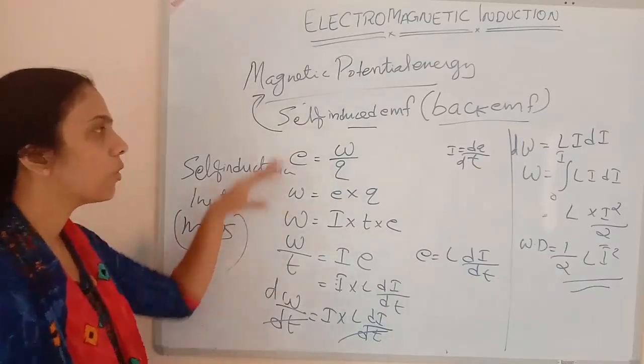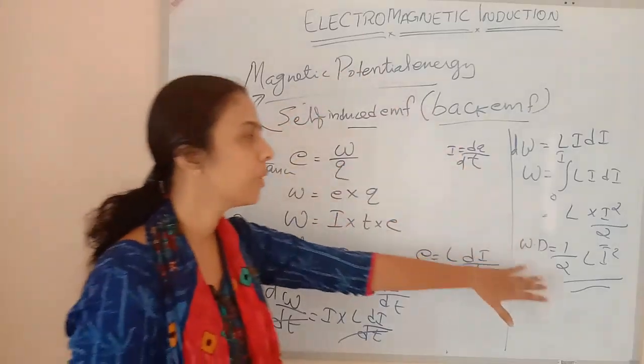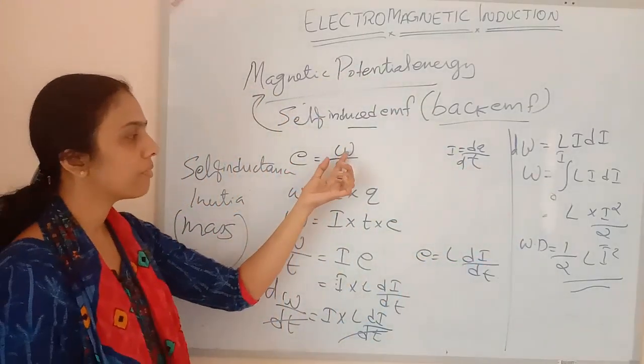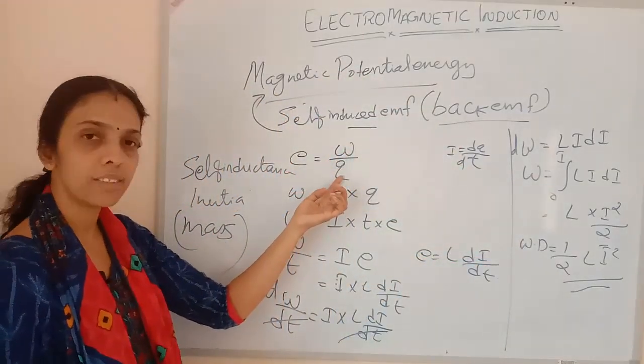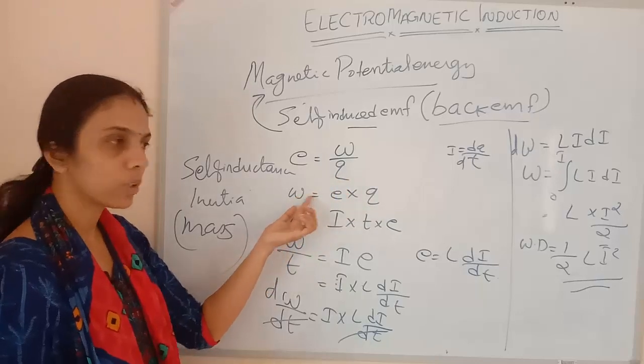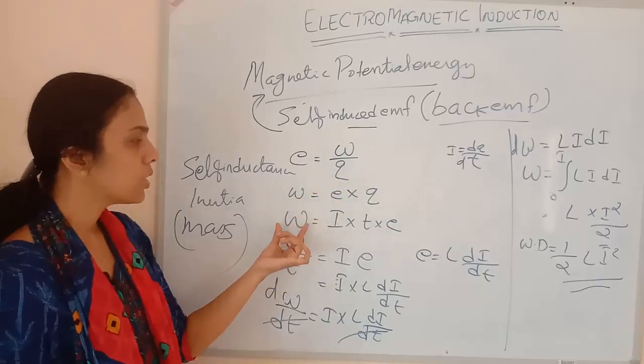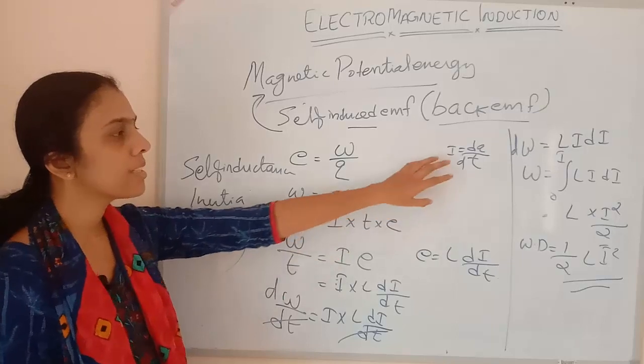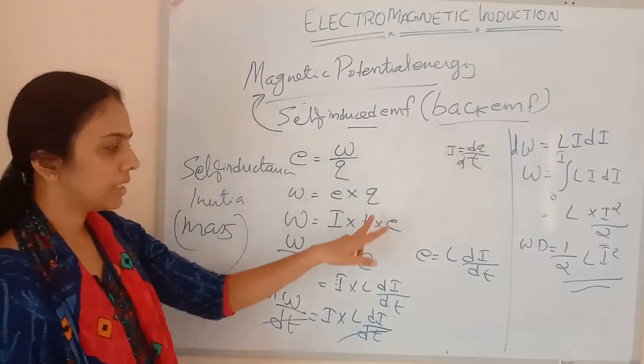Okay, so how are we finding out the work done? EMF is equal to work done by charge. Therefore, work done equals EMF into charge. So charge dq equals I into dt.